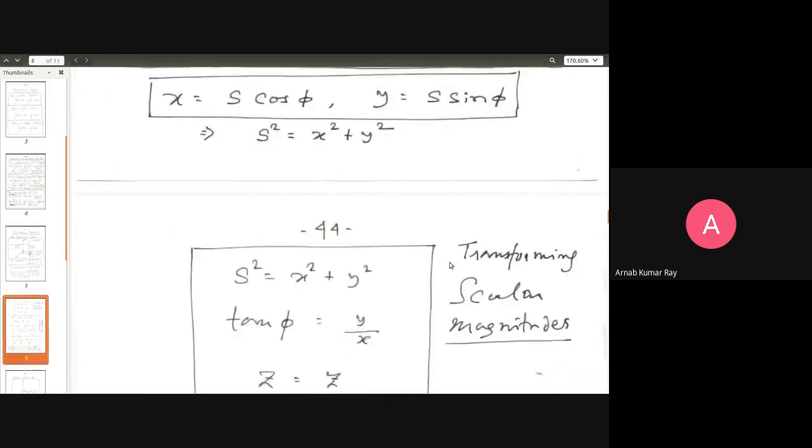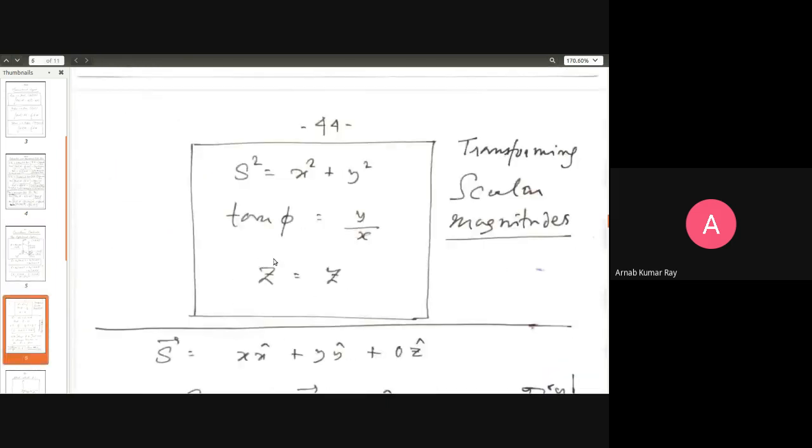So if you look at these formulae, one side gives you values in the Cartesian coordinate system, which has x, y, and z, and the other side gives you values in the cylindrical system s, phi, and z. So if you know the Cartesian values, you'll be able to find the cylindrical values, and vice versa.